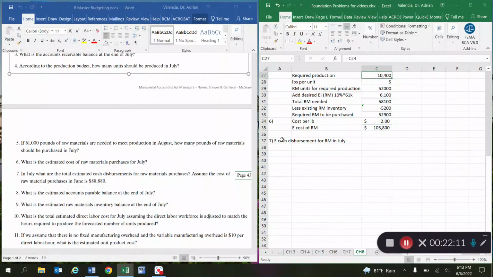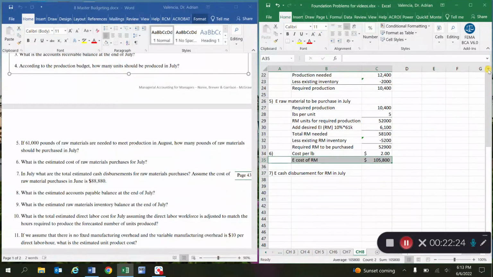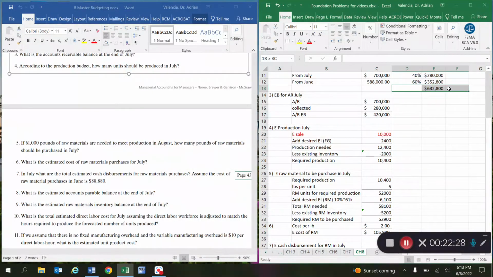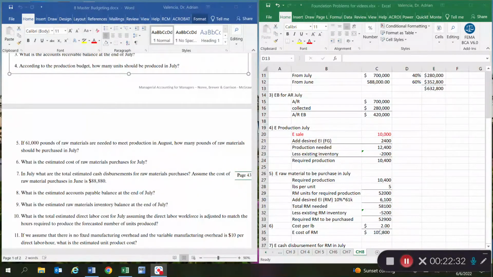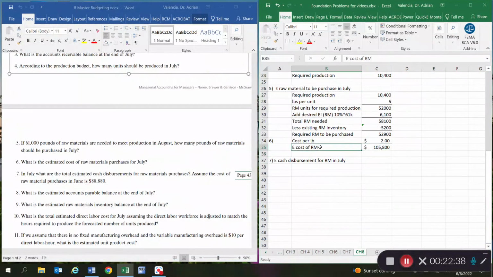This technically is not the amount of cash we're going to spend in July, because some of this raw material we buy on account. And I think I misspoke by saying that if we're going to collect $632,800 in July, this is the amount that we're going to spend in raw material. That's not completely right, because we buy it on account.